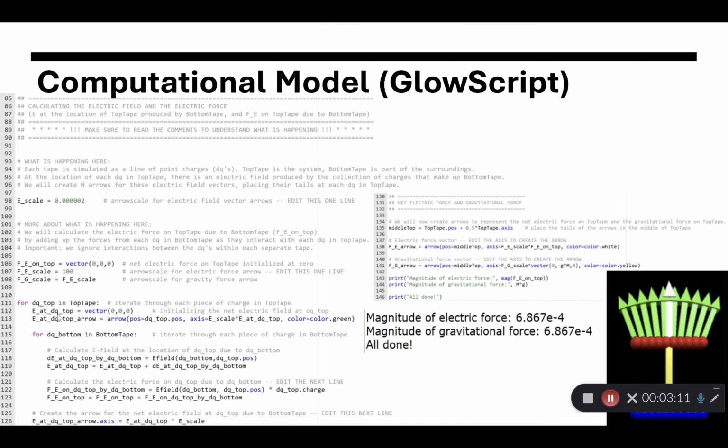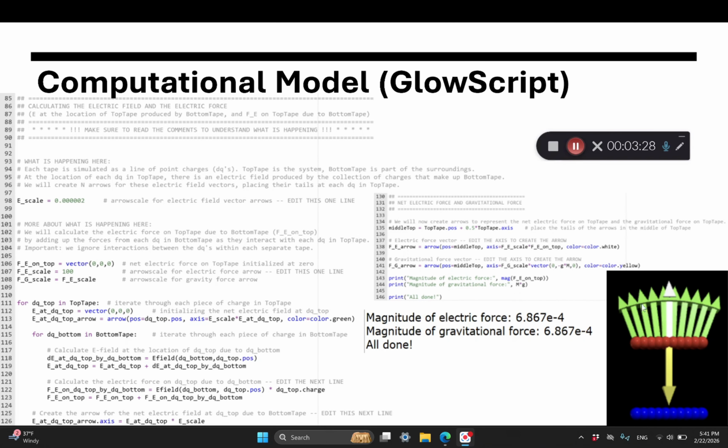And then these for loops go along these tapes, and for each point charge along the tape, they're calculating this electric field, and that's how we get this model right here.